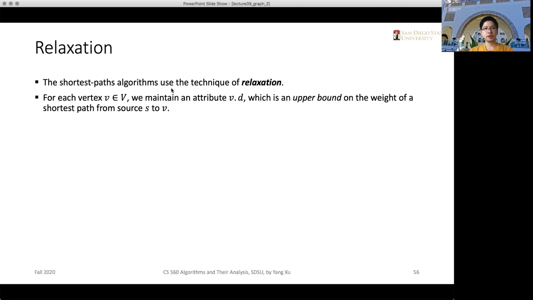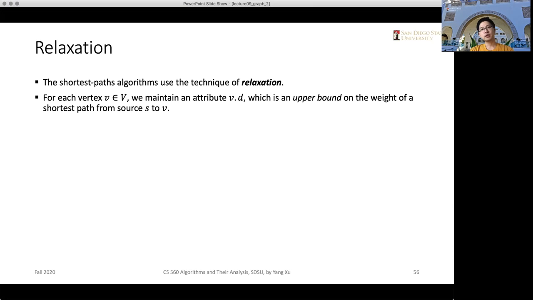Okay, in order to understand what relaxation does, we will introduce a new attribute for the vertices in the graph. Previously we introduced the pi, which connects a vertex to its predecessor or its parent, right?